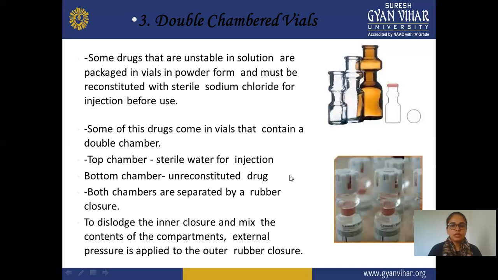Next, both chambers are separated by a rubber closure. The separation, or opening, of the chambers is mainly done with the help of the rubber closure, so you do not have difficulty opening, and there is no chance that a glass particle goes into your formulation. You can easily remove the cap or open the formulation because it contains a rubber closure, which is easily opened.